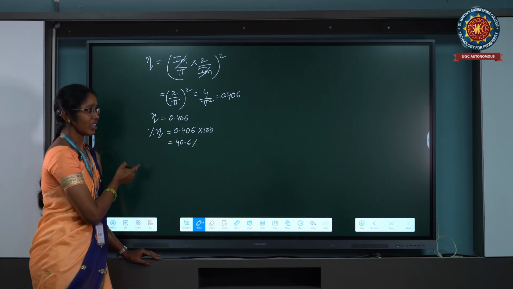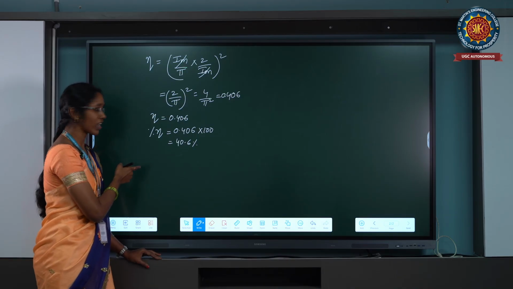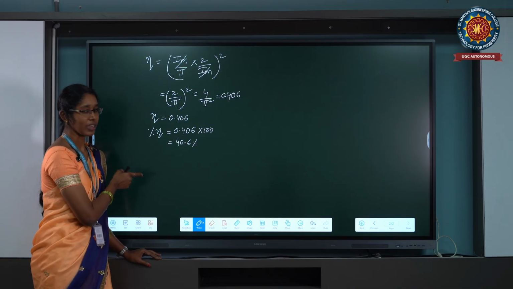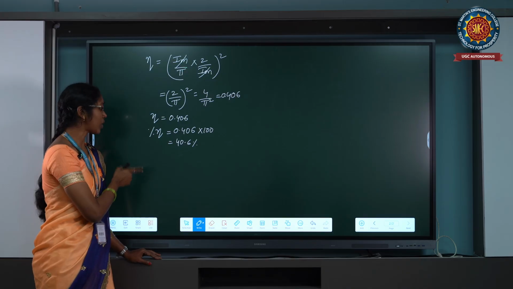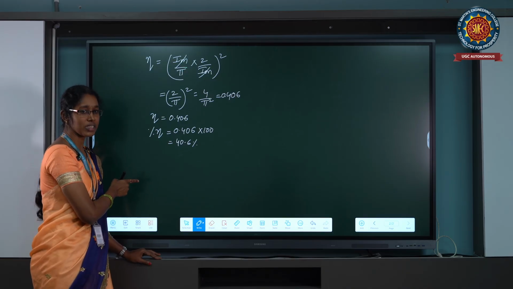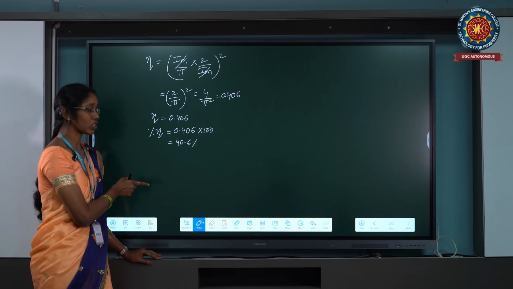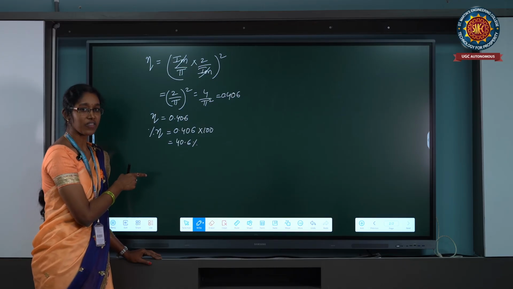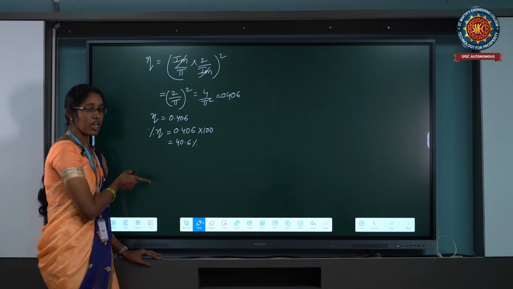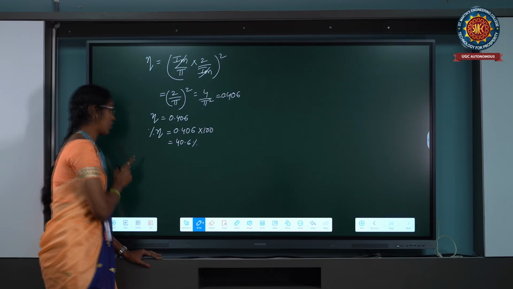This means that the efficiency of the half wave rectifier is 40.6%. It indicates that 40% of input AC voltage is converted into pulsating DC only. The remaining 60% of AC voltage is not converted into DC. This is the drawback of the half wave rectifier.